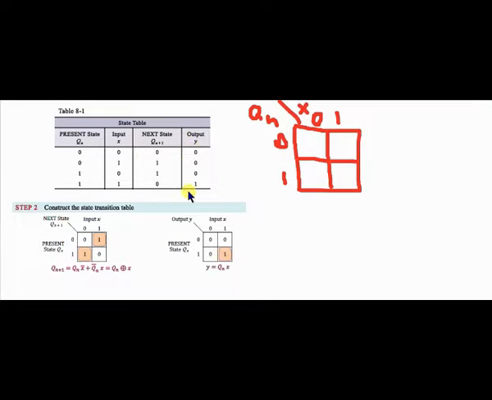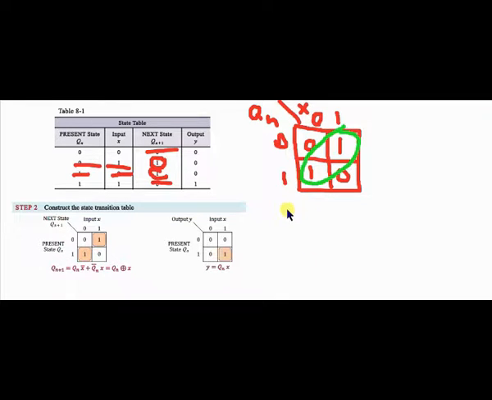For the next state 1 here, the present state is 0 and 1. For the other row, the next state is 0 and 0 for the rest. So we can see this is the diagonal.